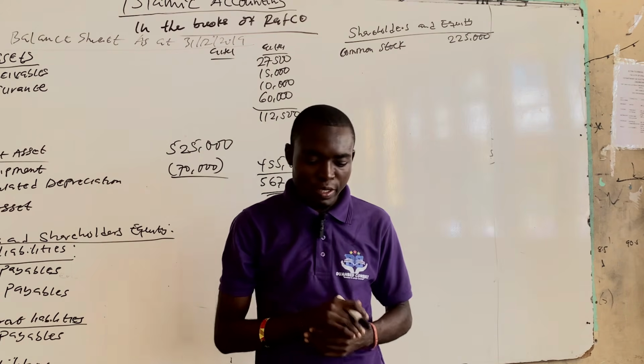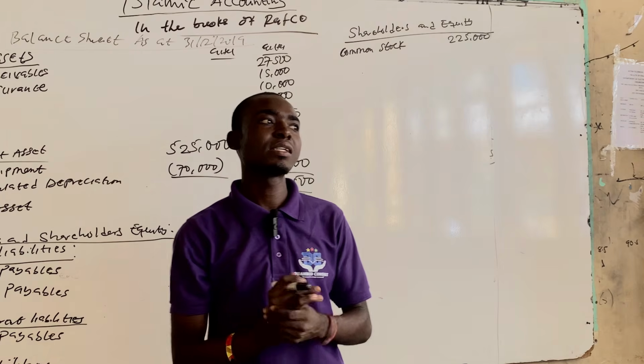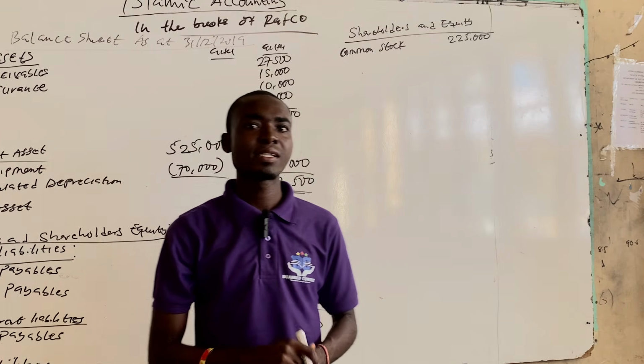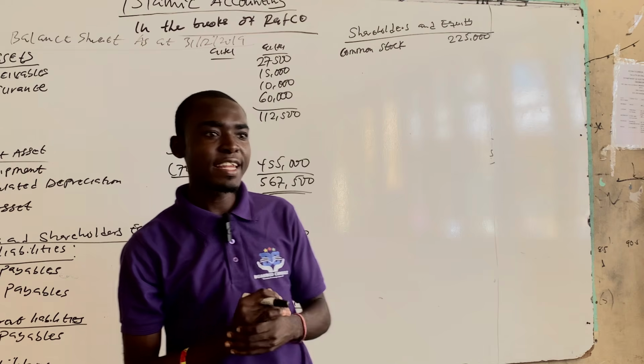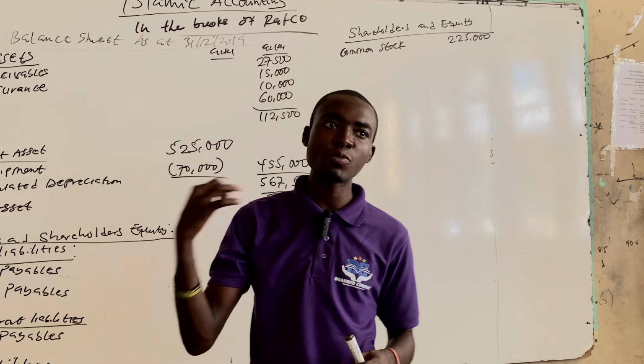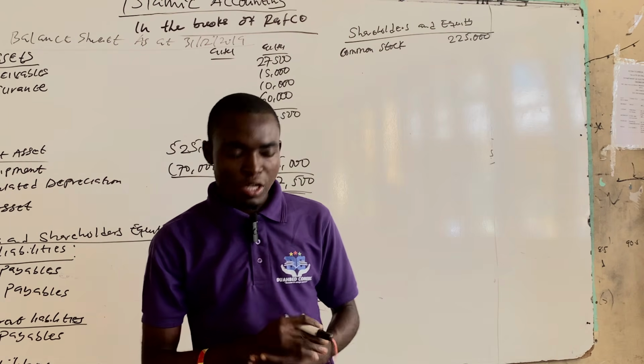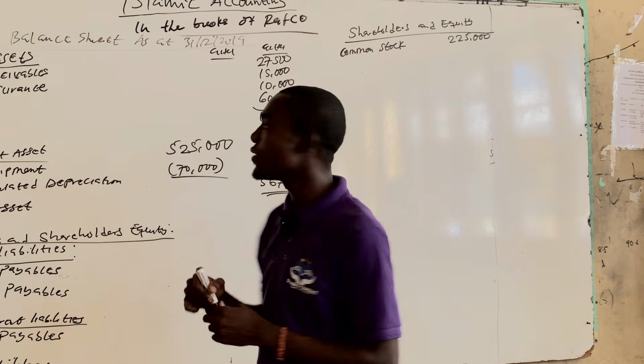After that, we record the retained earnings. That's the closing balance for retained earnings that we had from the preparation of the income surplus account, which was 122,500.